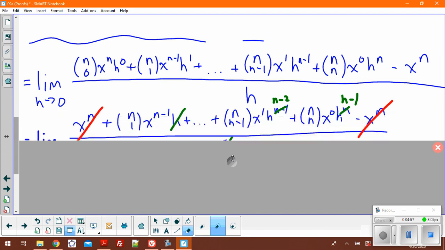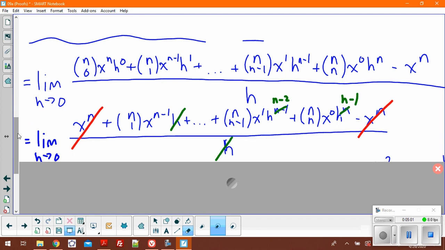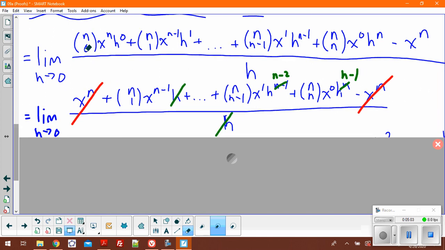So a couple things here. N choose 0: if you run that through your calculator, like you plug in 3 choose 0, you'll get a 1. So this first term, not surprisingly, cancels out with the last term. Those cross off.